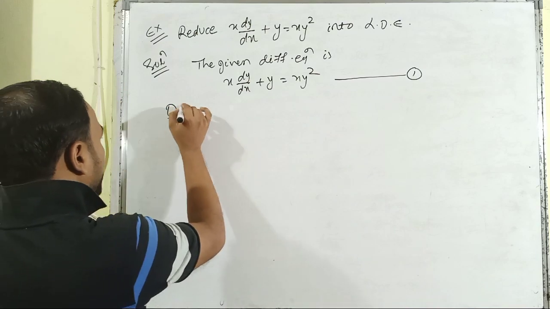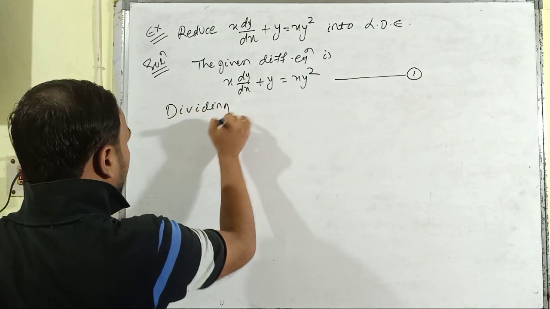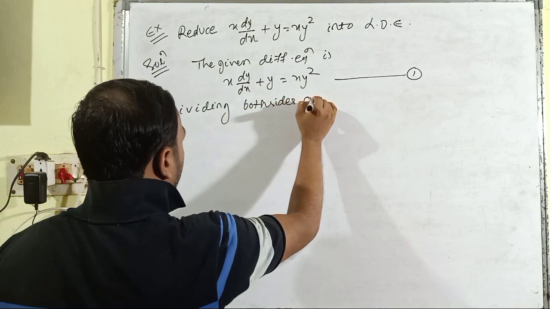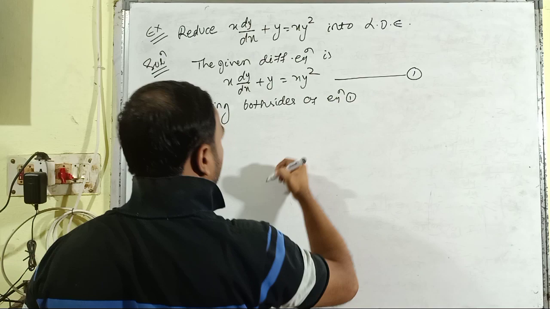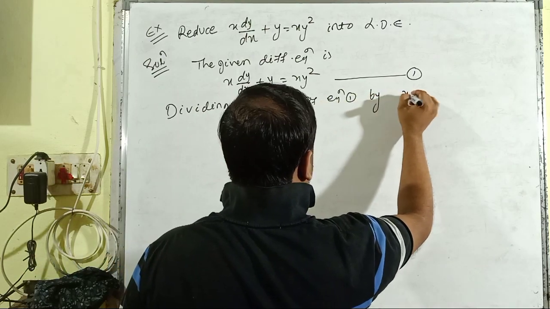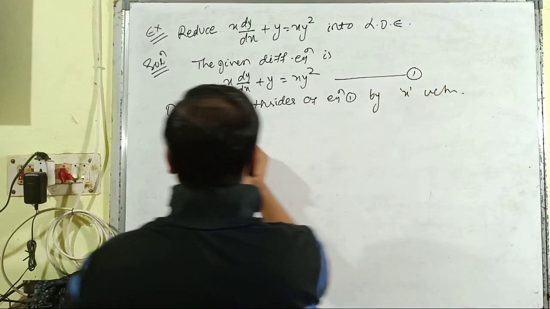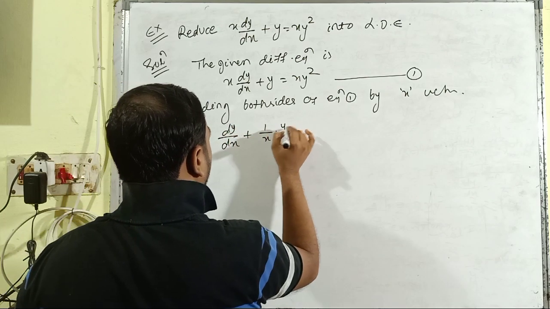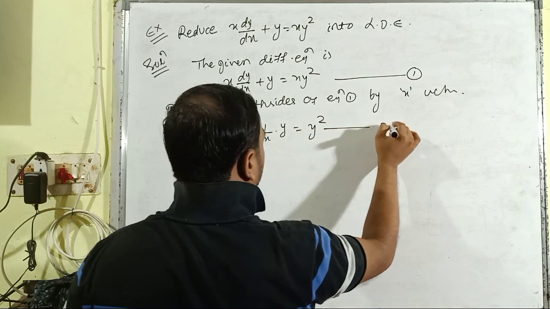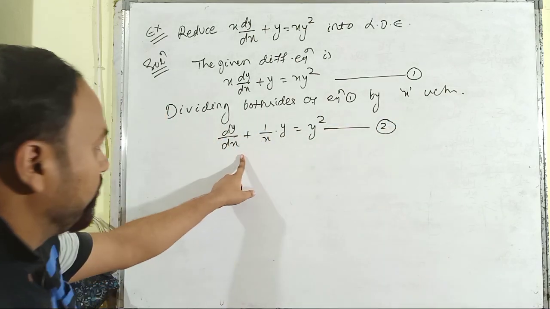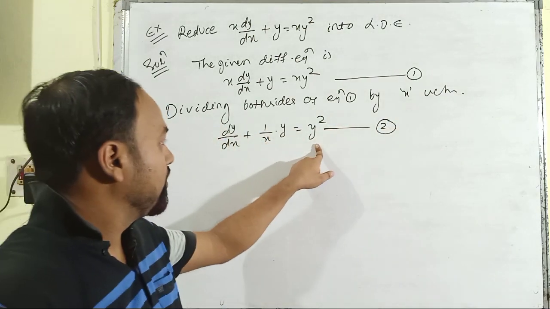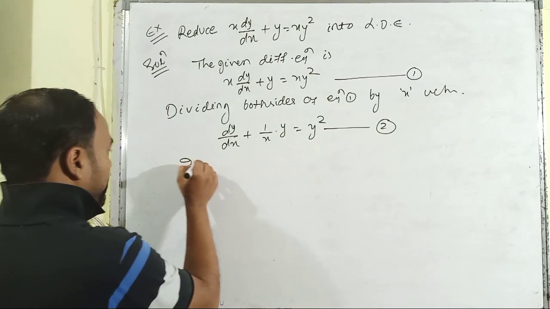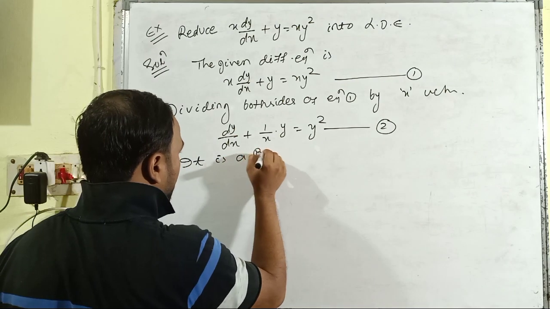So dividing both sides of equation 1 by x, we have dy upon dx plus 1 upon x multiplied with y is equal to y square. And you can see that now it is a differential equation in the form of a Bernoulli equation. So you can write down here, it is a Bernoulli equation.